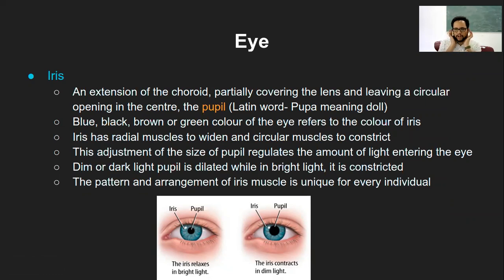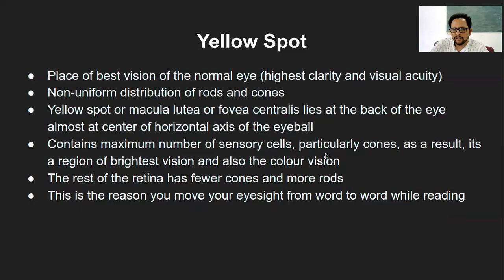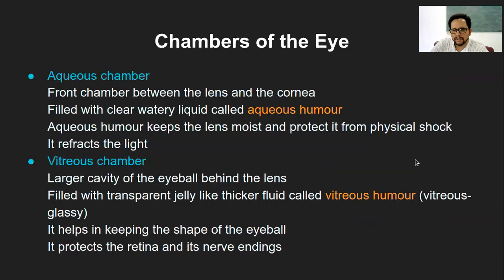Now, one of the most important things with respect to the iris is that it has radial muscles. Radial means along the radius. If you look carefully at this eye structure, there are lines being seen. That is a radial arrangement. Somewhere I have this diagram.